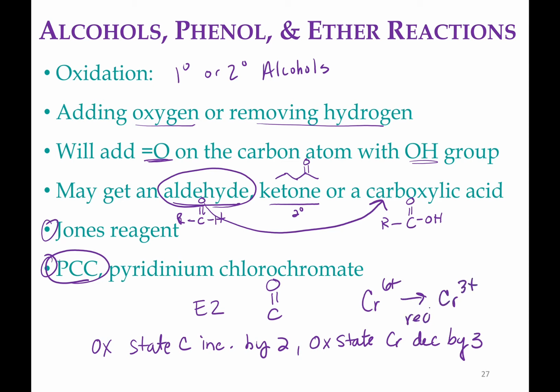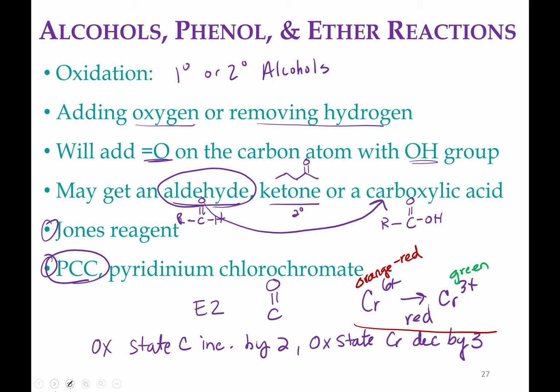It's reduced. And when it does that, this one is normally an orange-red color, and the chromium 3 product is generally a green color. And that color change allows us to see the reaction taking place. It's a visual transition. It's actually the chemical transformation on which they've based the breathalyzer test to see if you've been drinking while you're driving. So this is going to be visual, something that you can see happening.